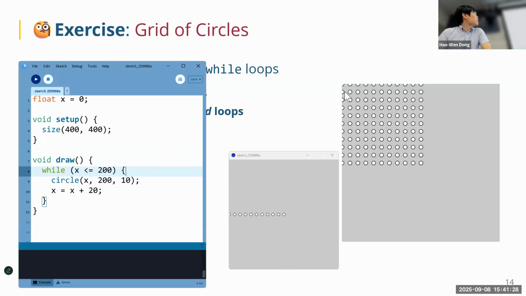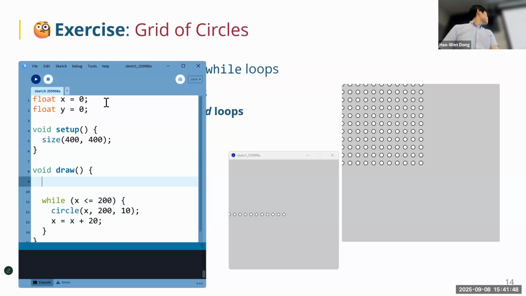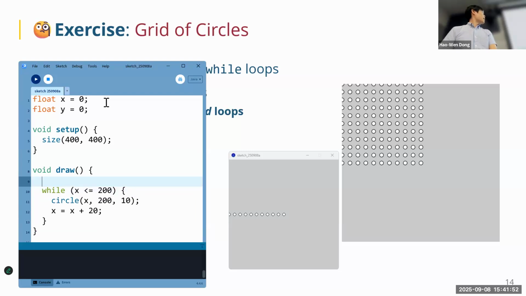Now we also want y to be 0 all the way towards 200. So we want another variable, y equals 0, and y is initially 0. And so now we want to have y here.